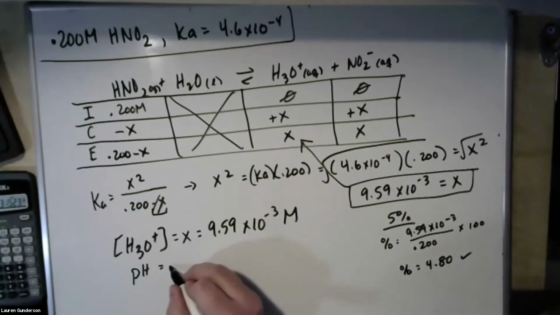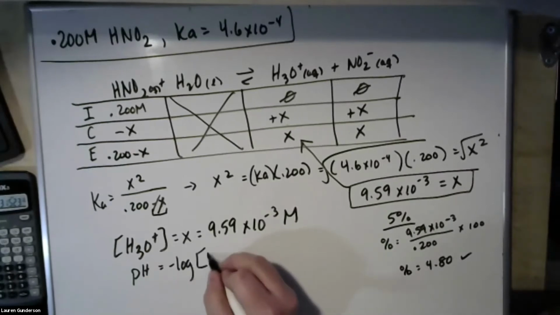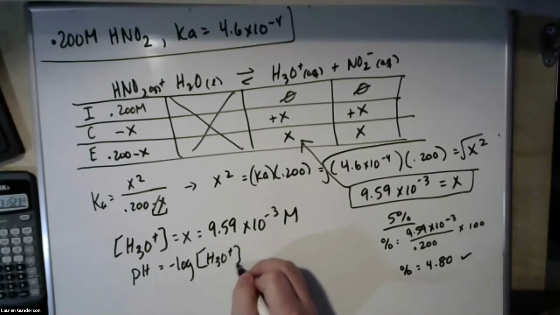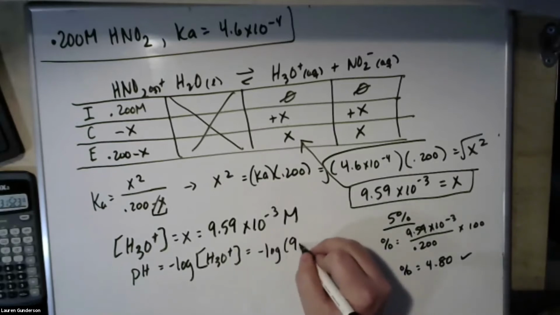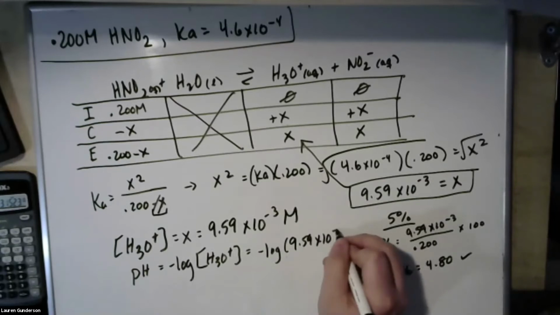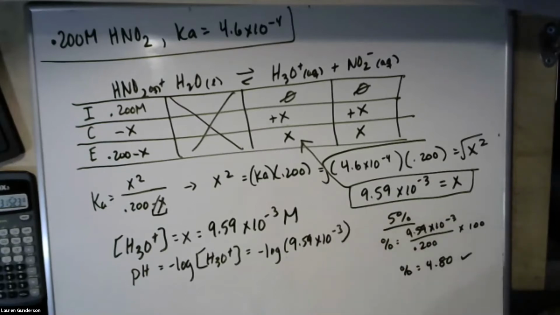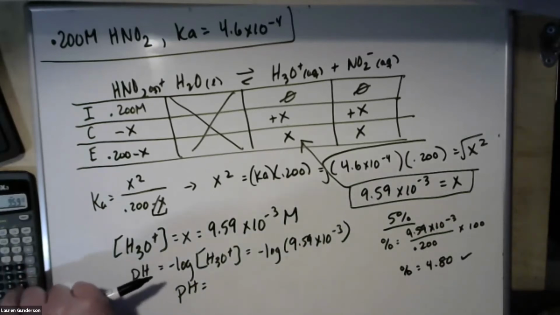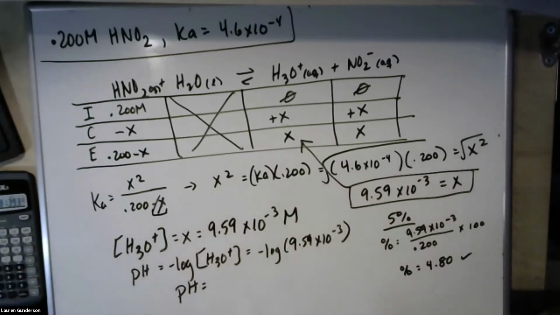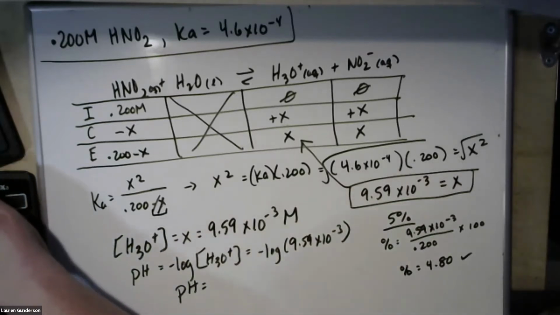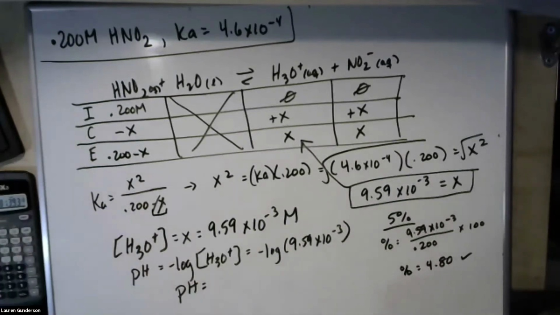And then our pH will be negative log of H3O plus, or negative log of 9.59 times 10 to the negative 3, which is going to be 2.02.